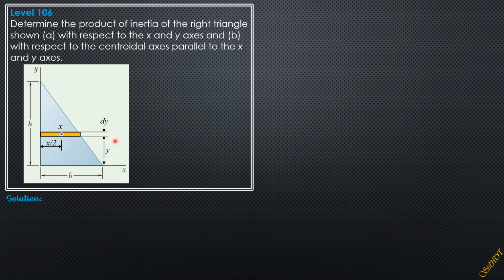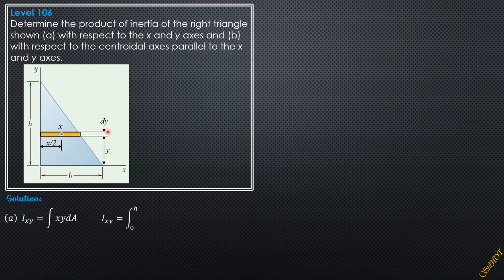Its distance from the x-axis is just y. So from Ixy equals integral of xy dA, x is not x, it is x over 2, because the x coordinate of the centroid of the element is x over 2, while y is just y, and dA is the area of this strip, which is x times dy.